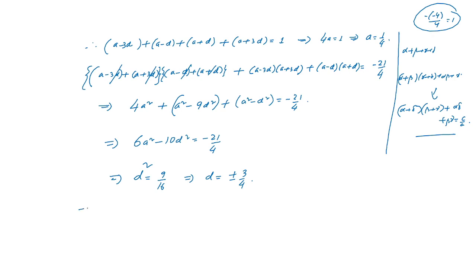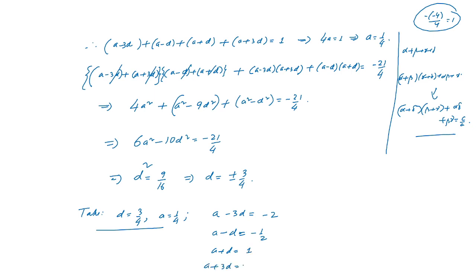Now without loss of generality, take d equals 3 by 4 and a equals 1 by 4. You will calculate a minus 3d, that will be minus 2. You will calculate a minus d, that will be minus half. You will calculate a plus d, that will be 1.